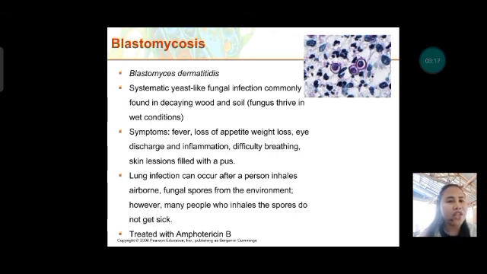It is a lung infection that can occur after a person inhales the fungus. It is airborne. Fungal spores from the environment are inhaled, however, many people who inhale the spores do not get sick. It is treated with amphotericin B.